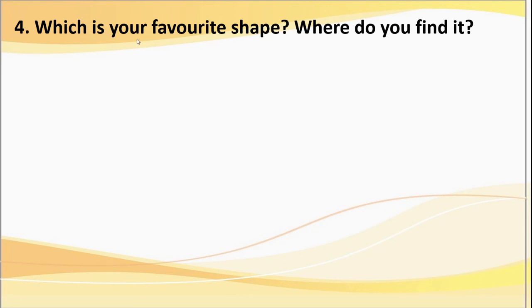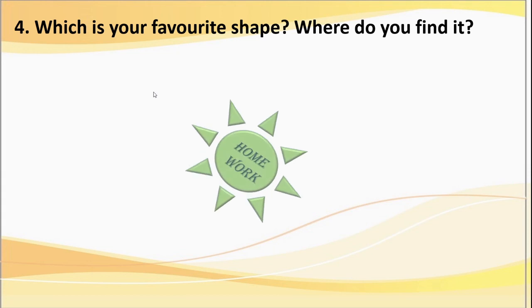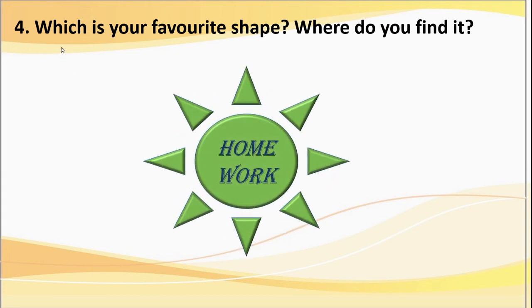Next is, which is your favorite shape? Yes, dear children, here you have to write your favorite shape. If you like square, then you have to write square shape. If you like circle, then you can write circle. Okay, and where do you find it? Here means these shapes we find in our surroundings, right?